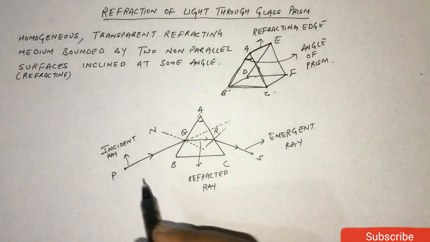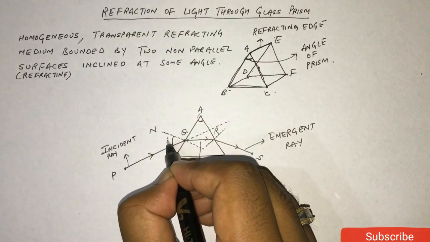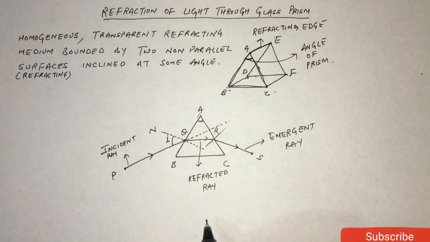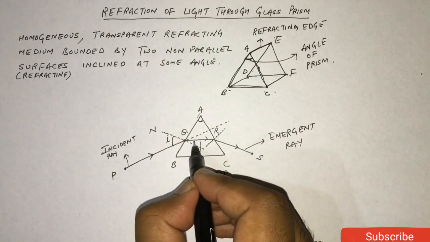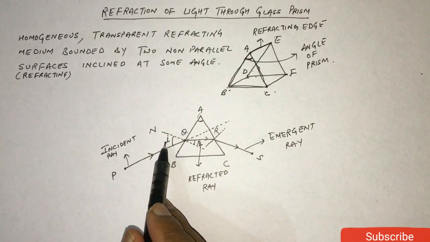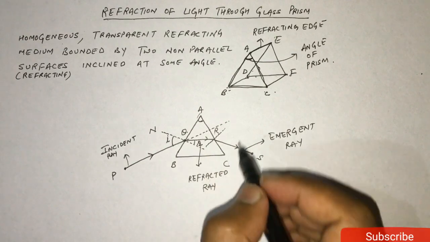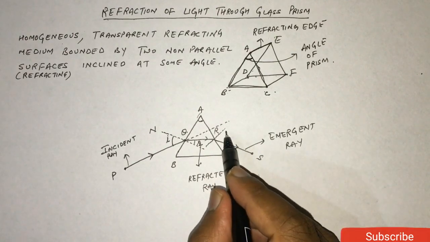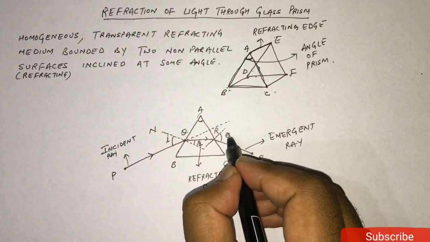Clear? Now the angle between incident ray and normal is known as angle of incidence. Clear? The angle between refracted ray and normal is known as angle of refraction. For this surface, this is angle of incidence and this is angle of refraction. Fine. The angle between emergent ray and normal is known as angle of emergence, which is denoted by E.